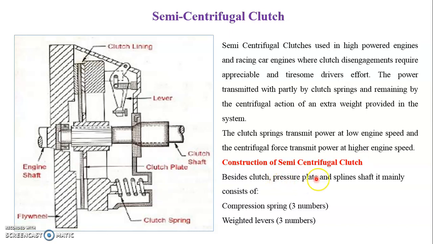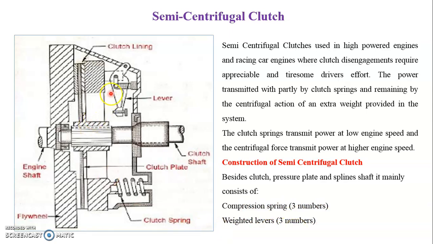Construction of the semi-centrifugal clutch: besides the clutch plate, pressure plate, spline shaft and flywheel, it mainly consists of three compression springs and three weighted levers.